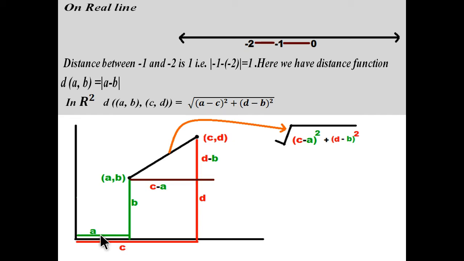We will subtract A from C, so the length of this line segment is C minus A. Similarly, the length of this line segment is D minus B. Then by the Pythagoras theorem, the length of this hypotenuse is the square root of (C minus A) square plus (D minus B) square. Therefore, the distance between 2 points is equal to this number.